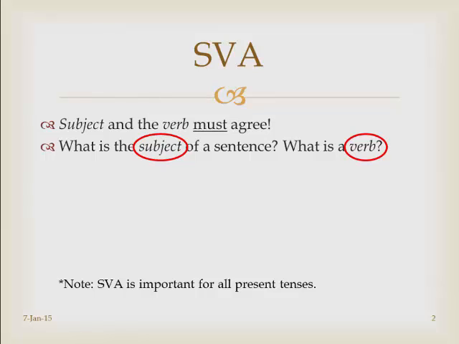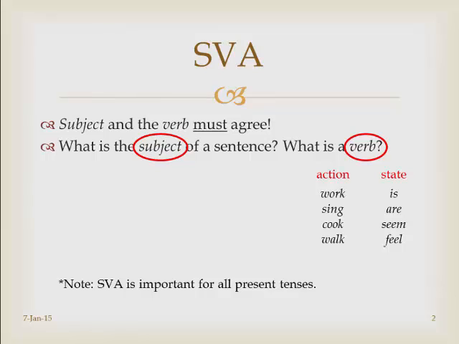Now, if you recall a previous lesson, I'm sure you can tell me what a verb is, right? So, tell me, what is a verb? Right, very good. They are words that tell us about the action or state. Okay, so example words are like work, sing, cook, and walk, and state verbs like is, are, seem, and feel.